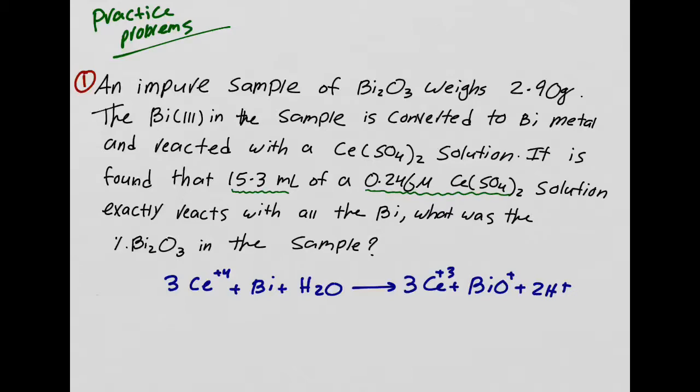I'm going to start based on that before I do anything else, because I know that molarity is moles per liter. In this case, we have the molarity and the volume, so I can figure out the moles. All right, what is the molarity? Tell me. It's 0.246 molar.